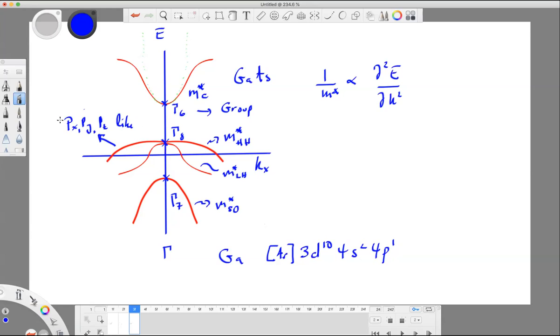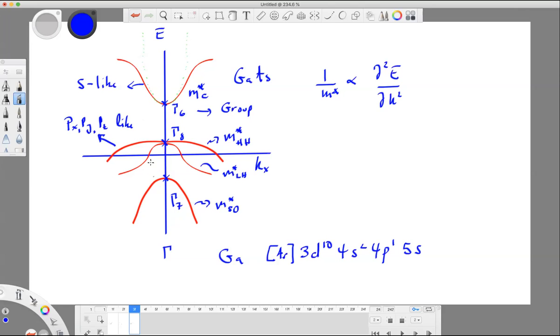These are referring to these orbitals, and the next one is going to be the 5s, so this is going to be s-like. This is an s-type orbital, and these are going to be p-type orbitals here.